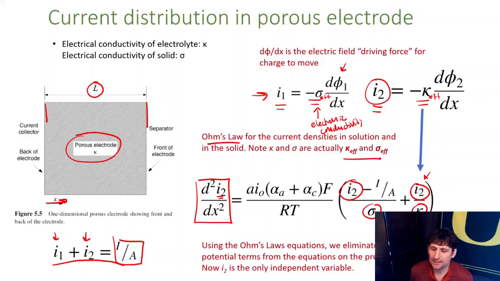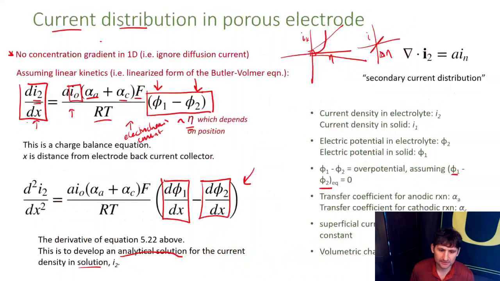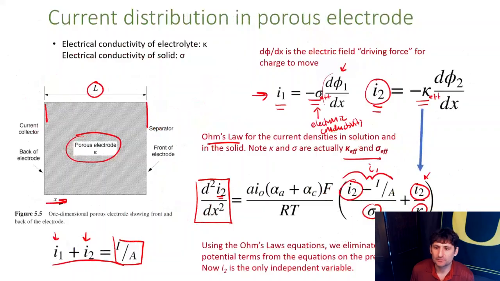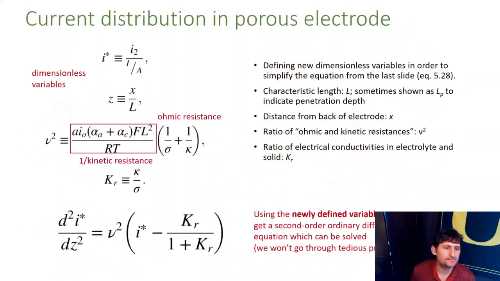So I2 minus I over A, this term together is just I1. And so I've put in for d phi1 dx this expression here, where I've written I1 as I2 minus I over A. So now I have a second order differential equation which can be solved.